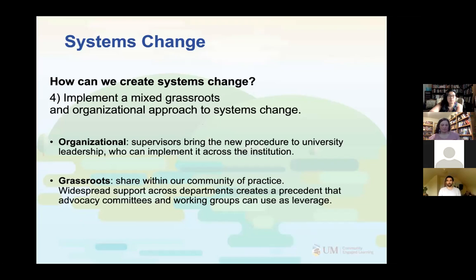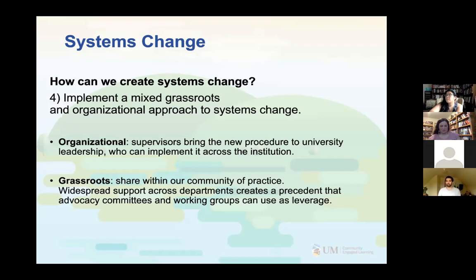And then once we have that documentation, we talk to our one-overs or supervisors, it's time to begin implementing and advocating for those changes. And in the framework, we recommend taking a mixed approach of organizational and grassroots. You can take these approaches separately, but we believe that if we do it together, then it works better.